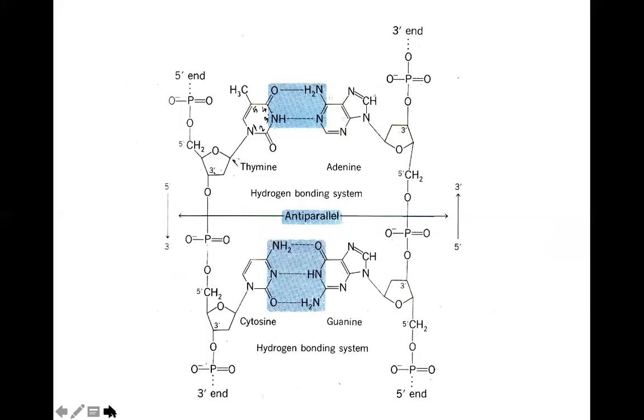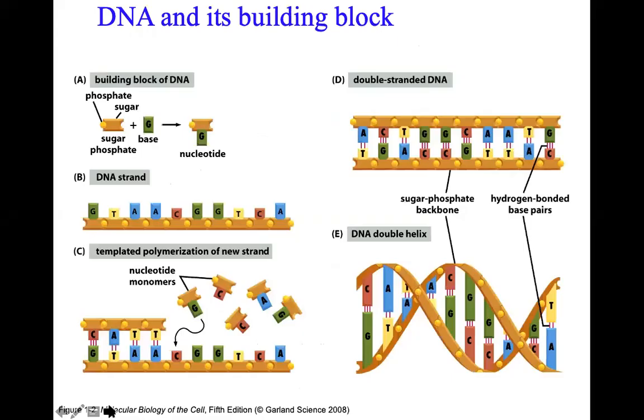Why it is so, I shall discuss later on. Here you can see the hydrogen bonds, how they connect guanine to cytosine and adenine to thymine. This is the chemical structure of DNA, and the strands are anti-parallel. You see 5 prime to 3 prime here, and 3 prime to 5 prime there, and this makes the DNA structure stable.